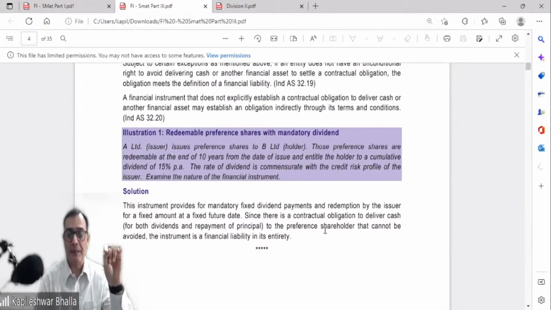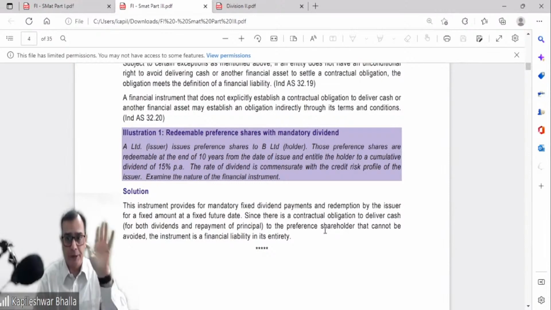Then it says the holder is entitled to a cumulative dividend of 15%. A cumulative dividend means that in case the company is unable to pay a dividend in a particular year, it will get carried forward to be paid later. So there is an unavoidable obligation to pay. So it's redeemable in nature and it is cumulative, which makes it mandatory in nature.